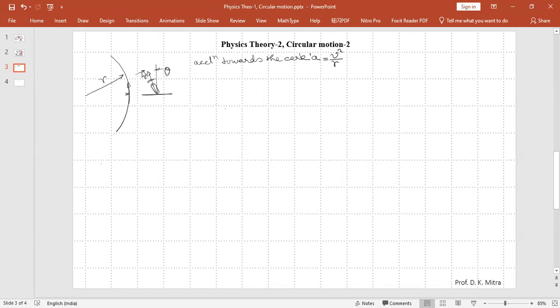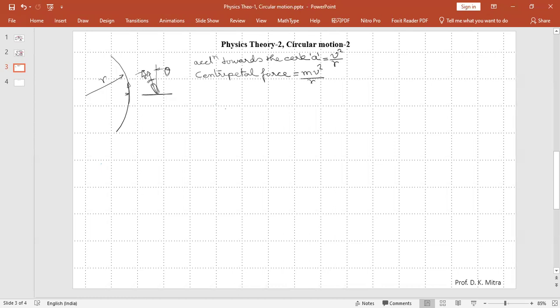And who will produce this acceleration? There has to be some force, which is called centripetal force. This is equal to mass multiplied by acceleration, m v square by r.